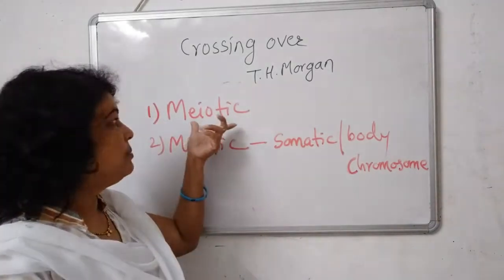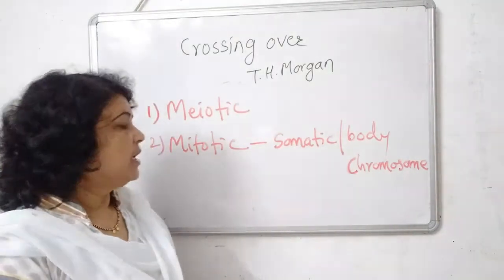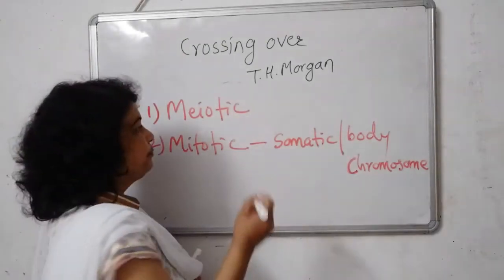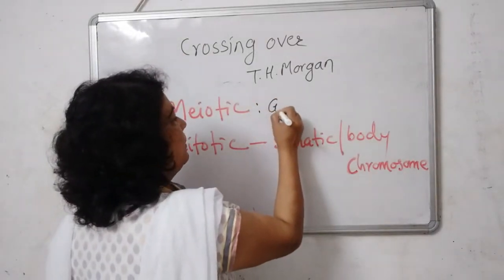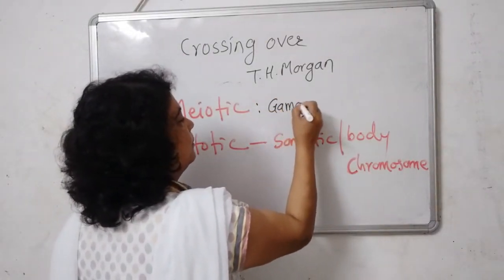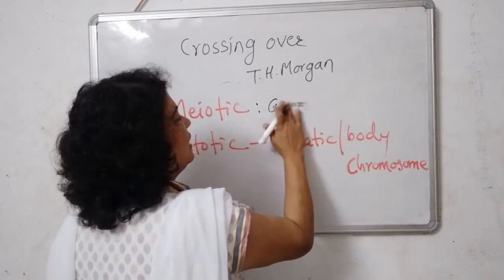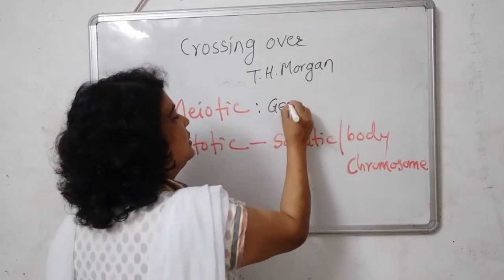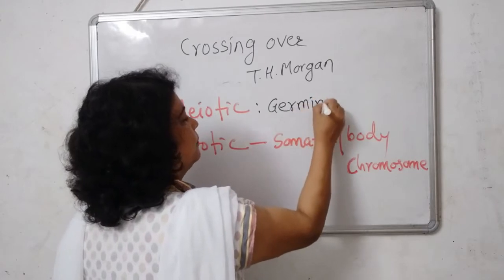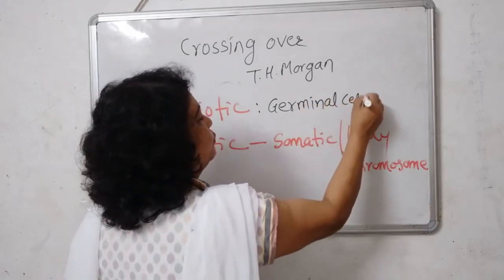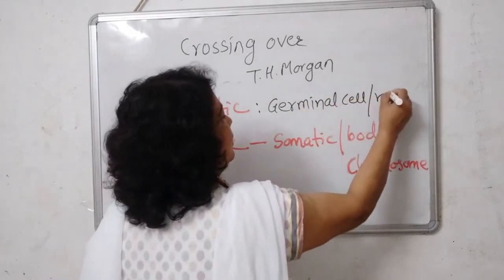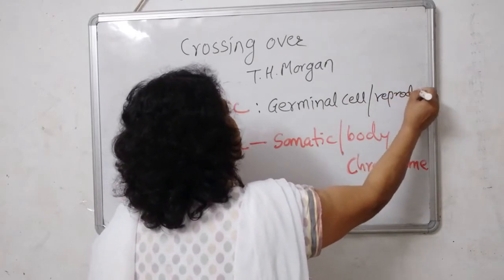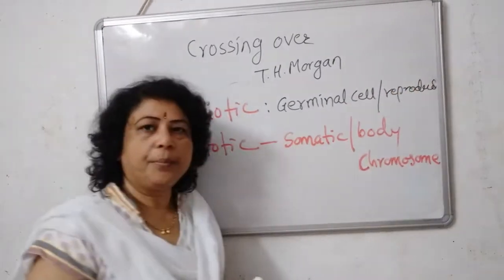But meiotic crossing over takes place in the gametic cell, or germinal cell, in the process of reproduction.